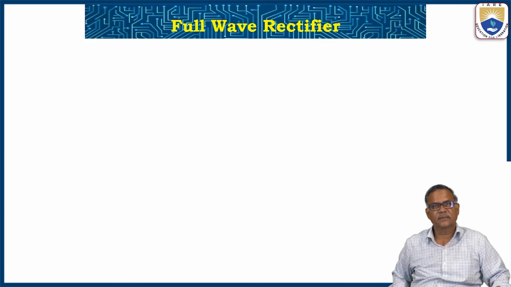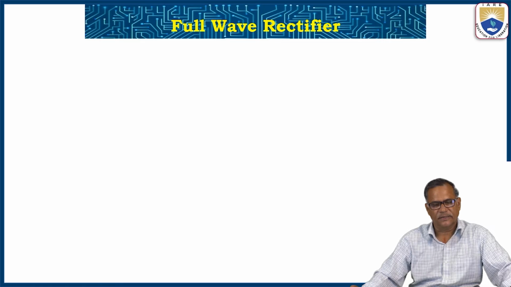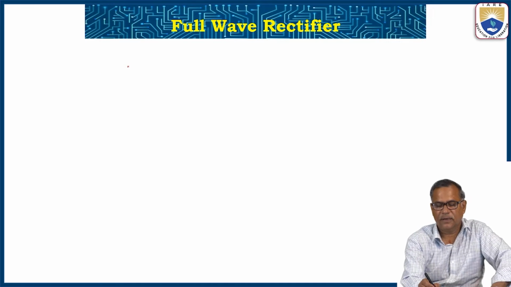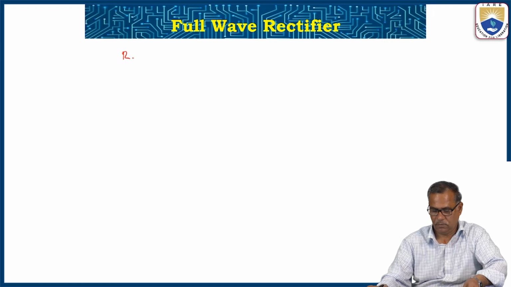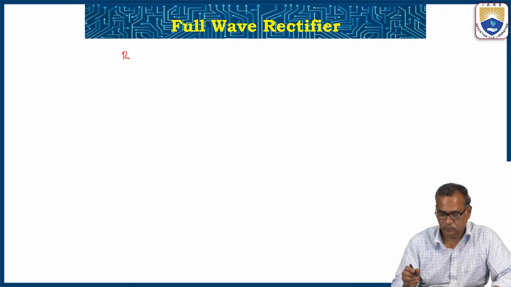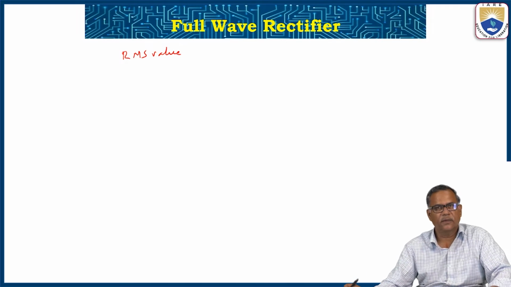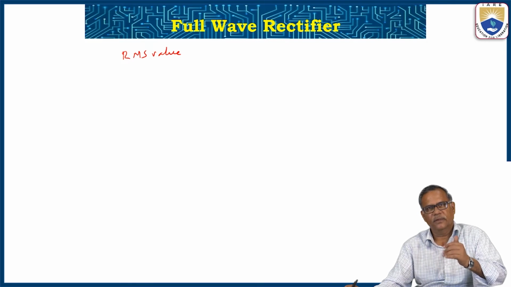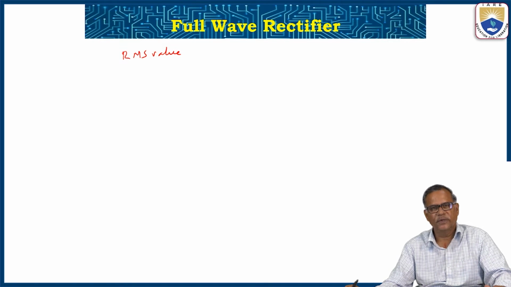Now after this, let us calculate the root mean square value of current, which is called the RMS value. So RMS value is nothing but the root mean square value. So we have to take the value, then square it, then find the mean of it, then take the root of it. So that is a root mean square value.